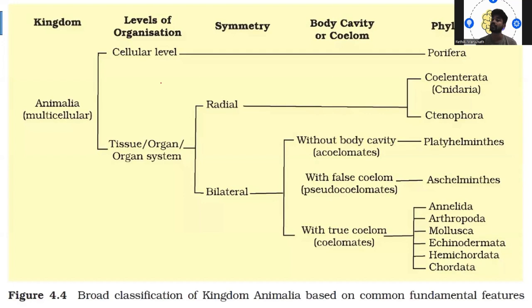In the plant kingdom we normally call them groups, but here we say they are kept in different phyla. So this is how the kingdom Animalia has been classified. Now, one by one, we will study the general characteristics of the phyla.